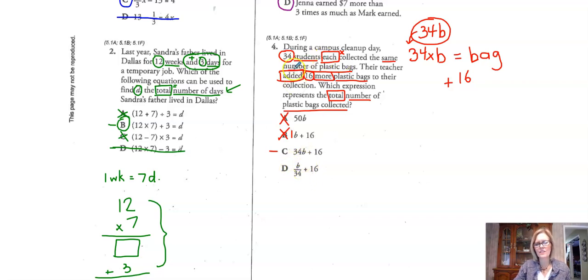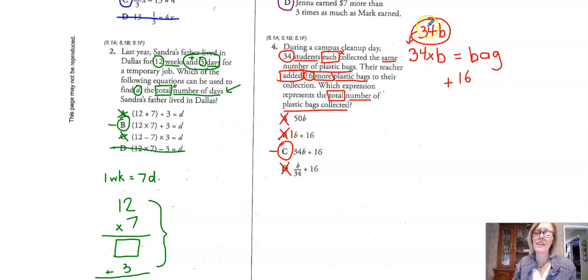Are we ever dividing the bags between 34 students? No, this means bags divided by students. Each student collected bags, but they weren't divided up among the students. So that one's out too. Our final answer would be 34 times B plus 16.